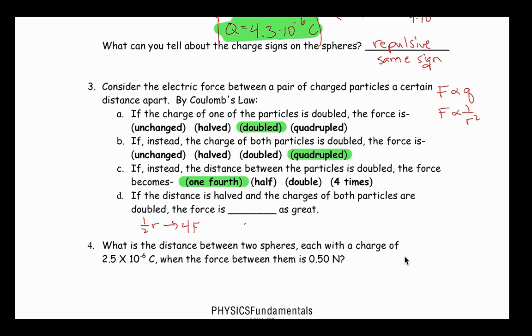And 2q1 would lead to doubling the force, and doubling q2 would also lead to doubling the force. So in this case, I would have a doubling from one charge, another doubling from the other charge, and a quadrupling for the distance. That would be 2 times 2 times 4, which is 16 times as great.